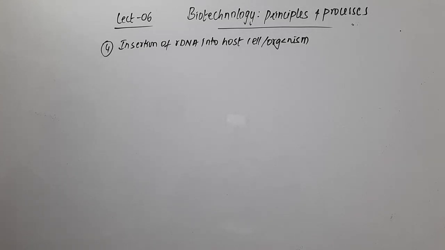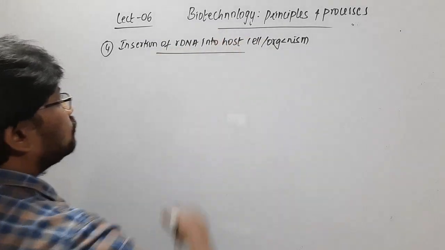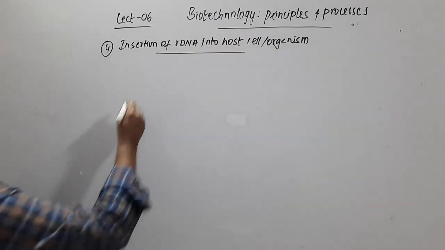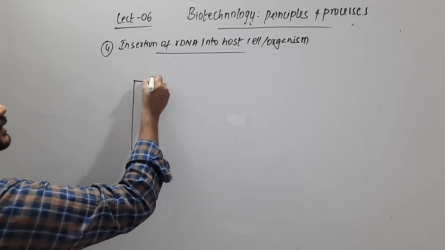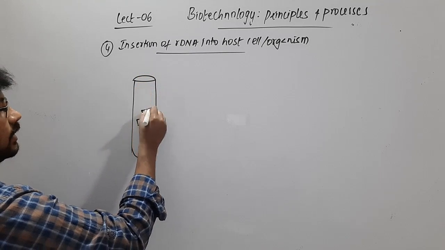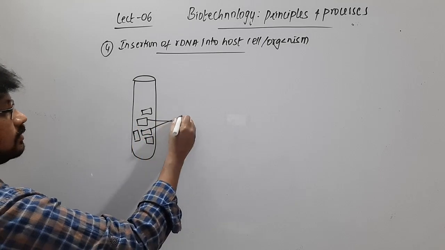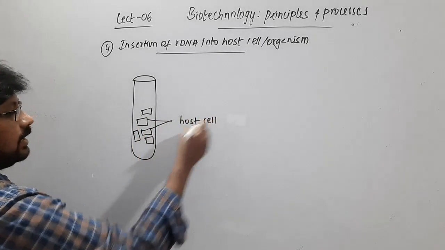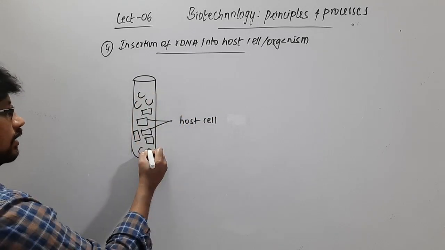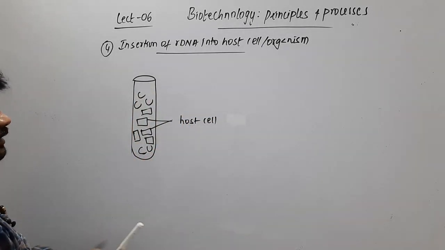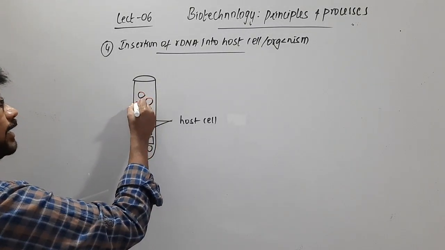So we have used various methods to make the host cells take up the rDNA. I told you, once we prepare the rDNAs, I'm going to take the host cells. So this is a host cell, and you can see here I have taken the rDNA. All these are rDNAs.